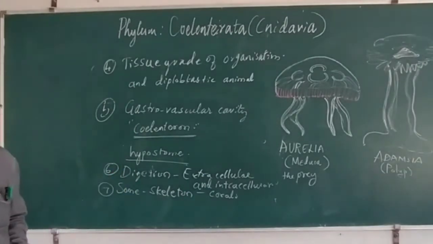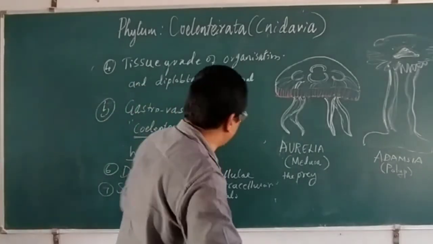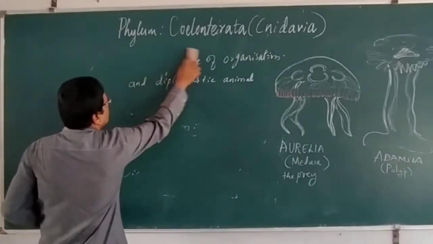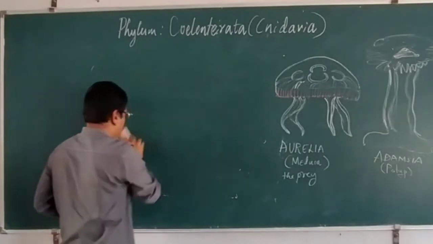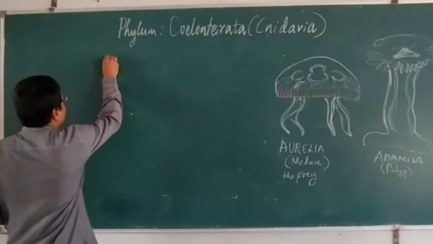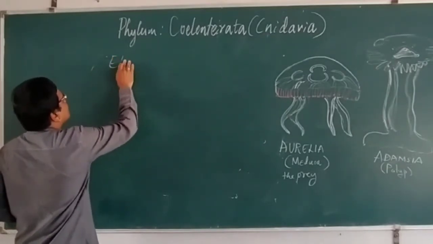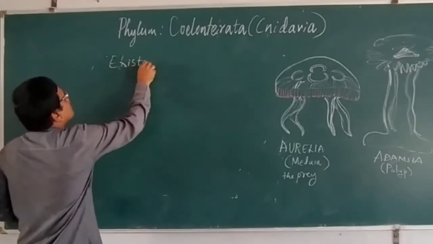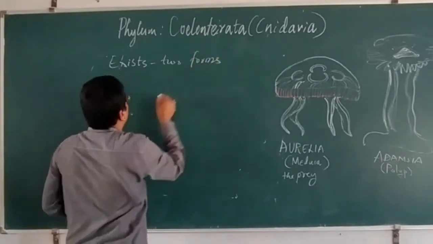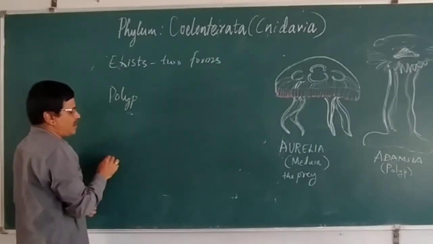The cnidarians exhibit two body forms: polyp and medusa.